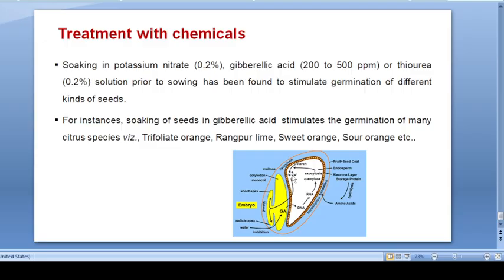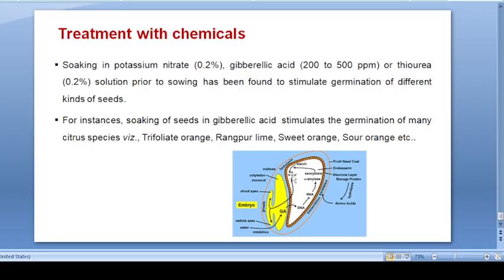Especially what is seed propagation, what are the advantages and disadvantages, and which vegetables, fruits or flowers are propagated through seeds, and what is the advantage of seed propagation in fruits, what is polyembryony, how it is advantageous in fruit crops, what is dormancy, what is the reason for dormancy, and how to break the dormancy, what is recalcitrant seed, what is orthodox seed, and what are the examples for orthodox and recalcitrant seeds.